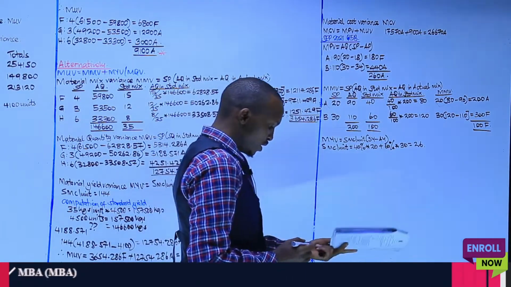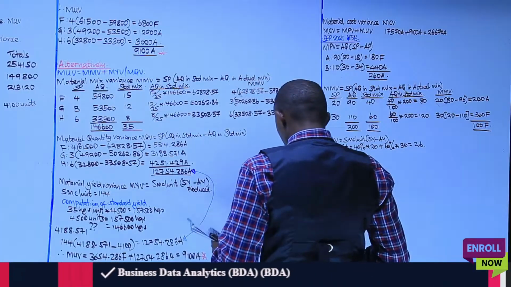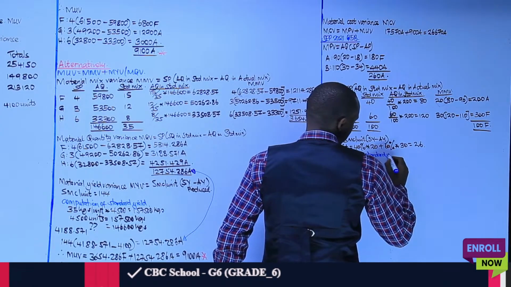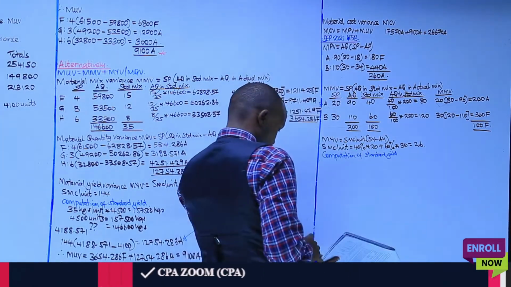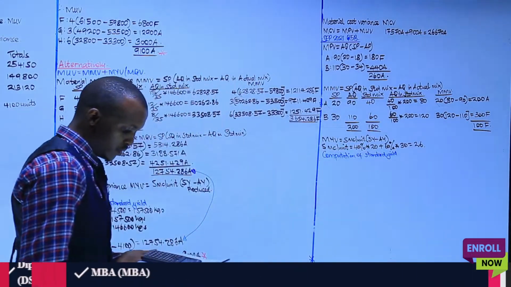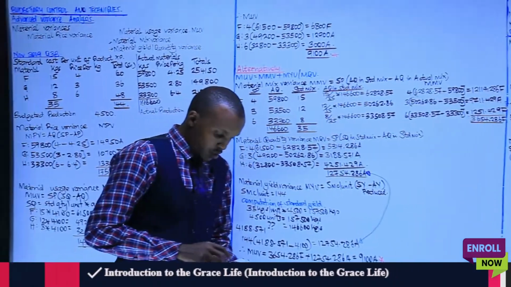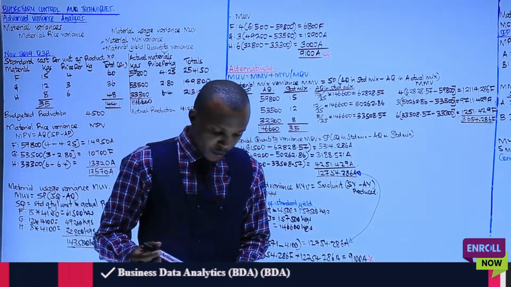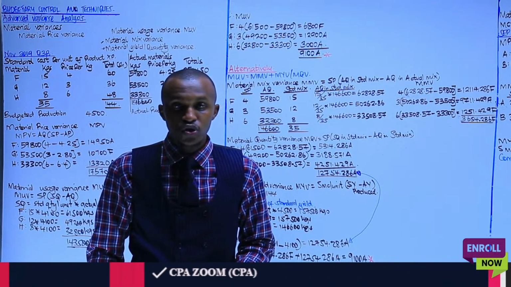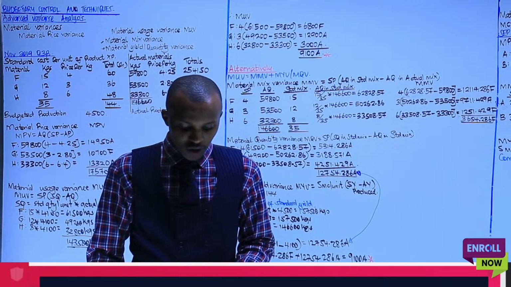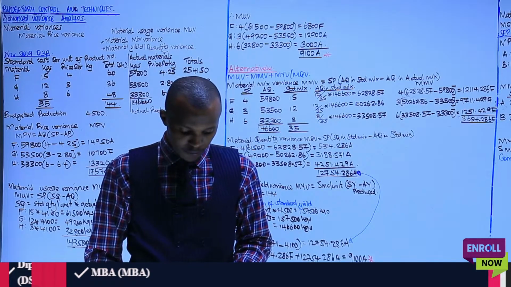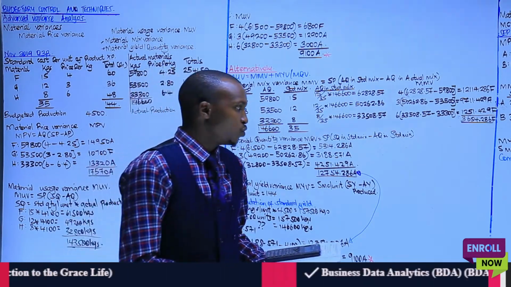Let's determine our standard yield. Now they were saying the standard cost of a certain chemical mixture is 40 and 60, and a standard loss of 10% is expected during production. So this is what we do here.